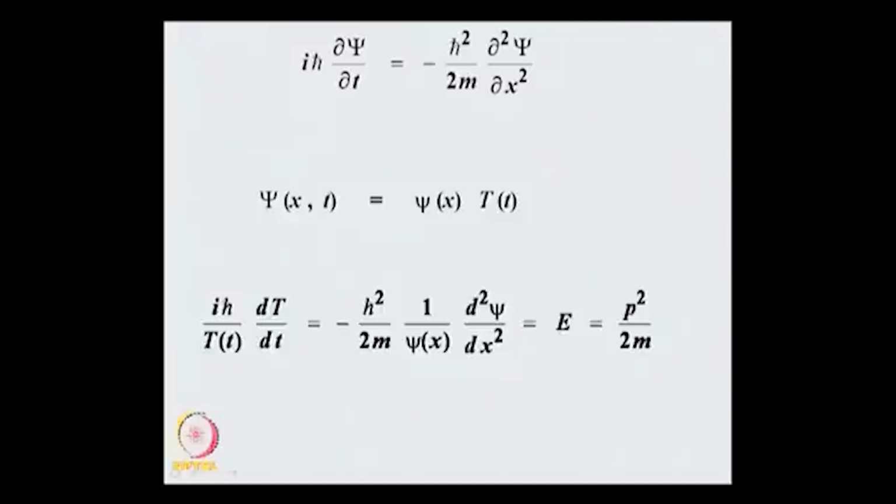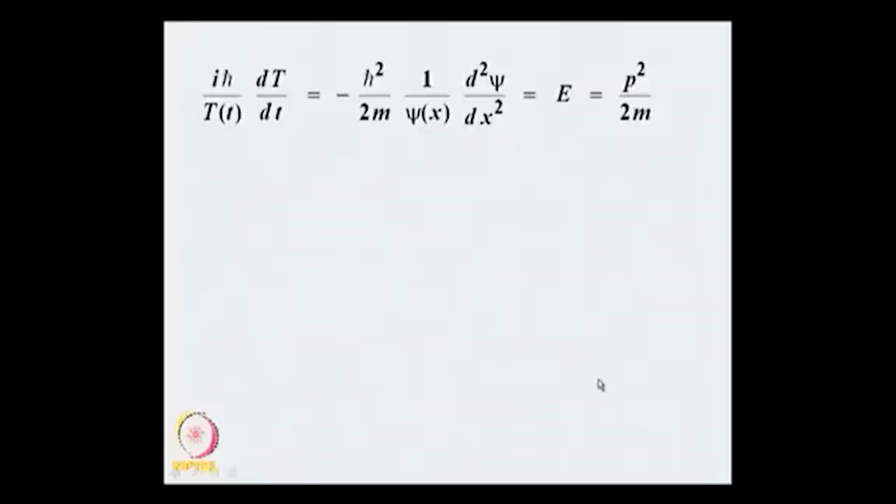So, we write this constant as E, or equal to p square by 2 m. These two are numbers. So, as we had discussed earlier, we set this equal to a constant which I write as p square by 2 m. Here m is the mass of the particle.